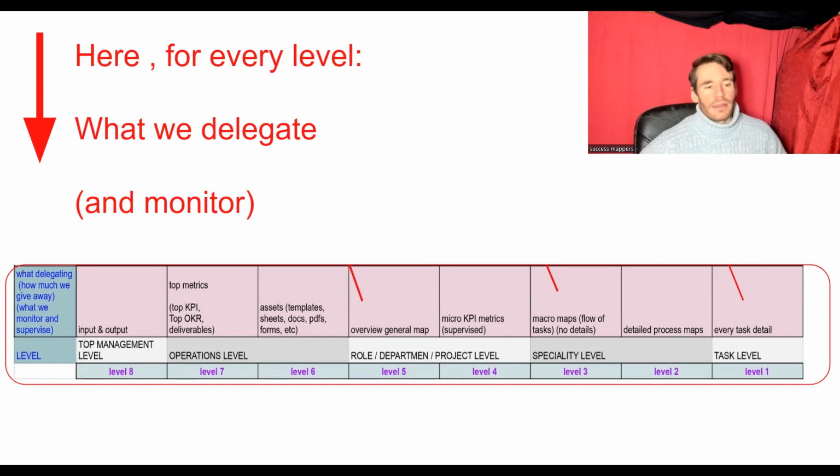And then there is the last step when you pass from level 7 to level 8. Level 8 right now is basically the highest. You cannot delegate more than level 8. At level 8, you're managing by input and output. It is sort of how you would delegate maybe to an agency or a partner.